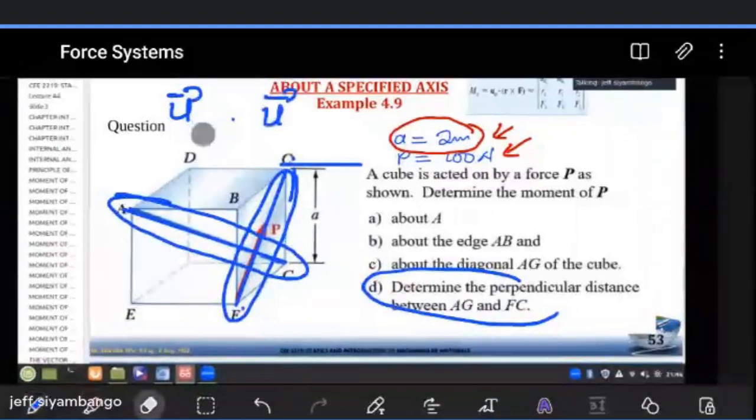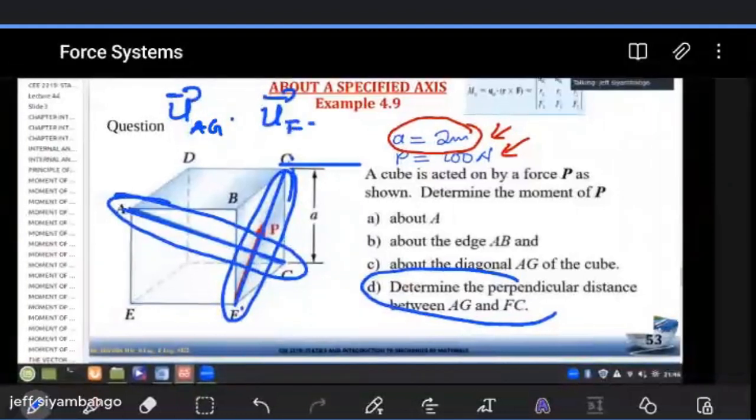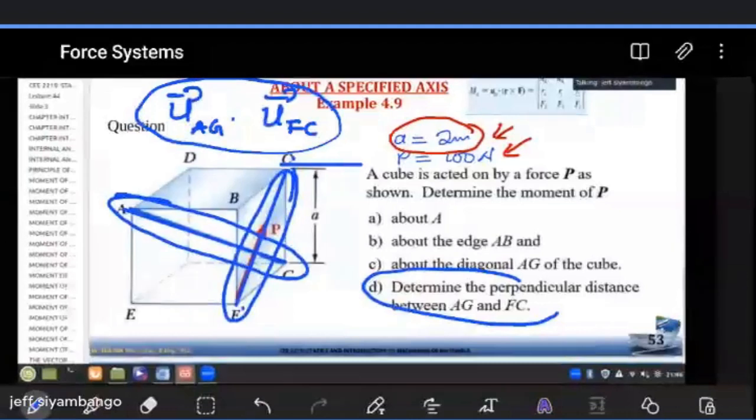It doesn't matter. I say the unit vector from A to G dot the unit vector running from F to C. What you'll see is that if this gives you 0, then you can conclude that these two lines are perpendicular to each other. If it doesn't give you 0, then they are not perpendicular to each other.